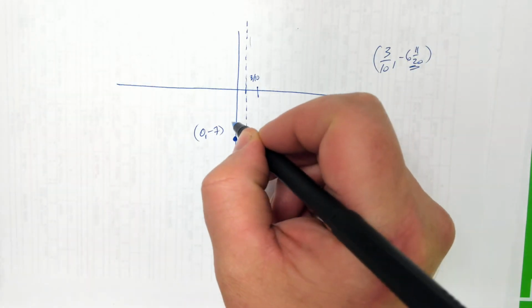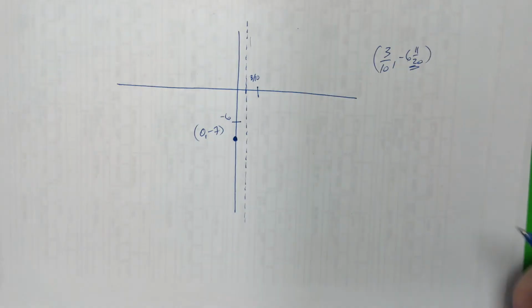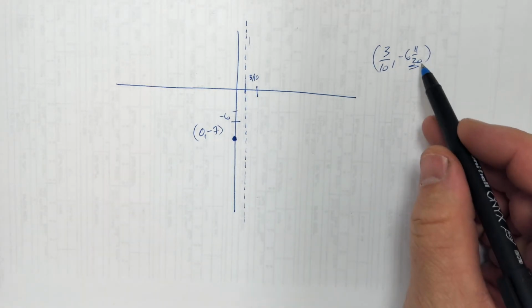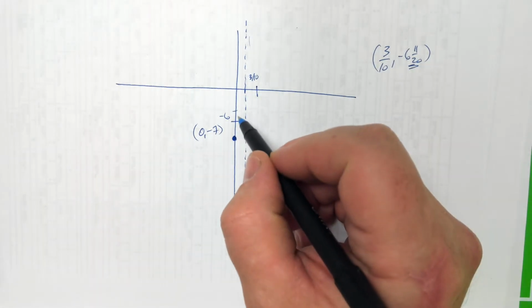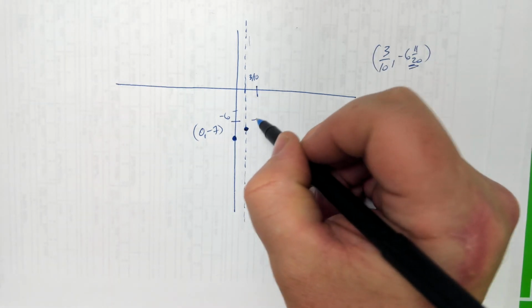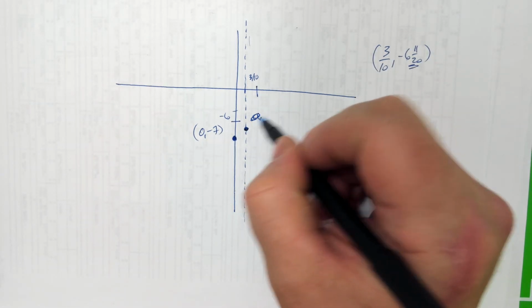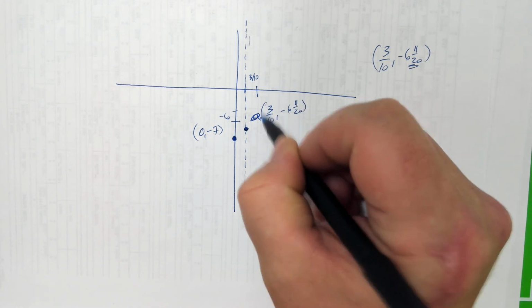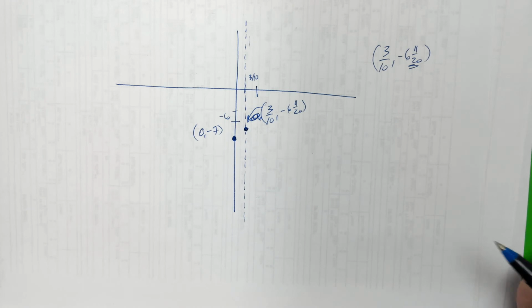No, it's above it. Because this would be -6 right there, right? And then -5 and -4, right? And this is -6 and almost a half, so it's going to be right there. That's 3/10 and -6 and 11/20. That's right there. That's the vertex.